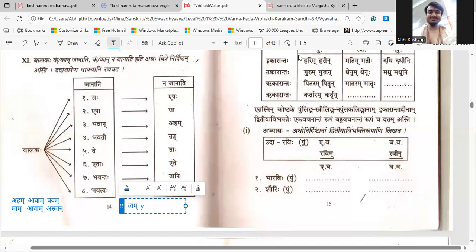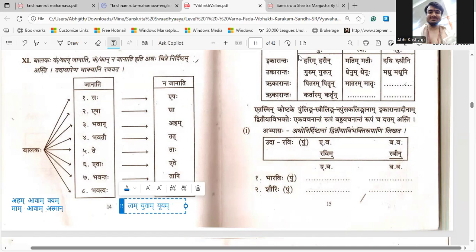Then the Bahuvachana form will be Yuyam. This is your Prathama Vibhakti for you forms. You are doing. What is your name? We will see the changes when we make sentences.